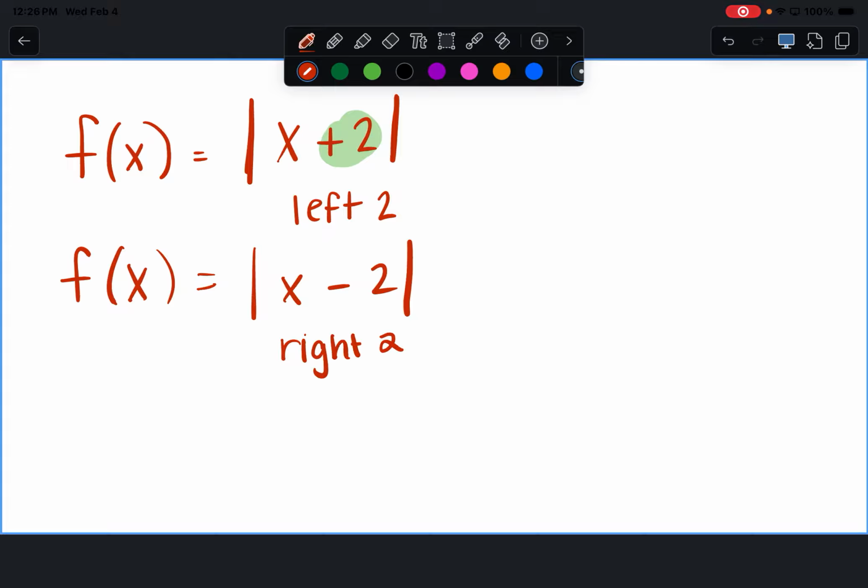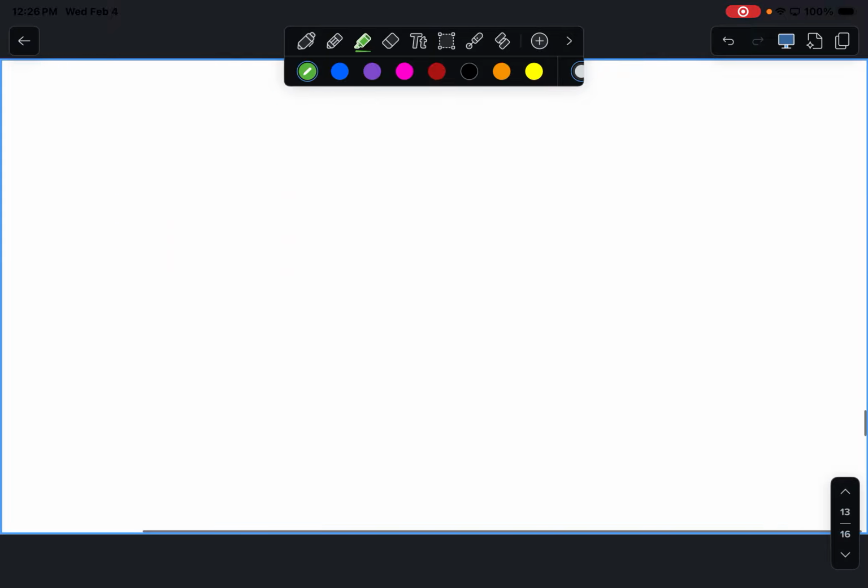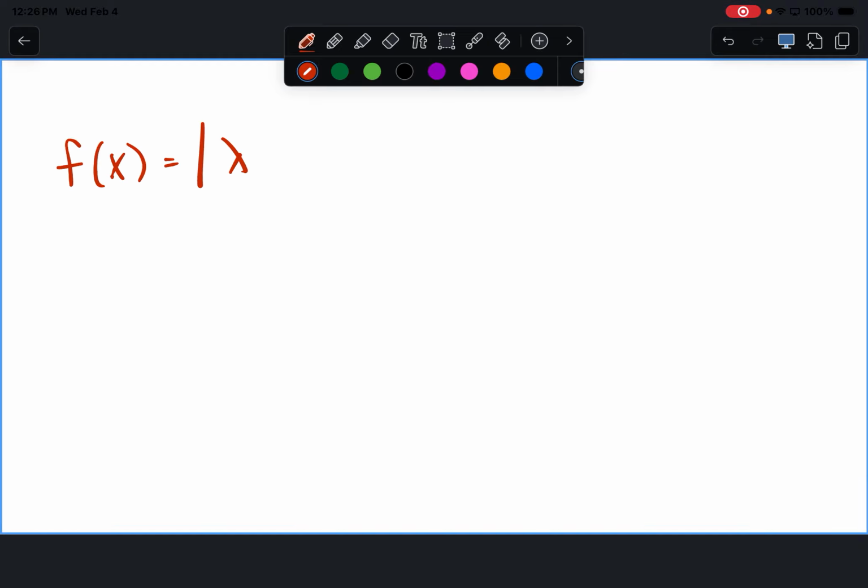So whenever it is inside the function, it does not matter what the function is. Okay? As long as it is inside the function, it is shifting left or right. Now, if it is outside of the function, if we have f of x is equal to the absolute value of x plus 7, that goes up 7.